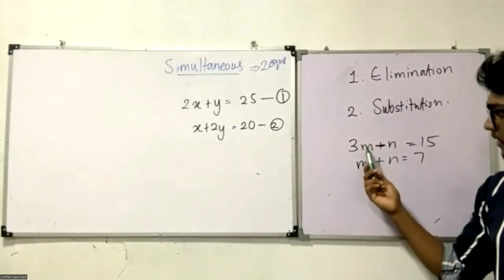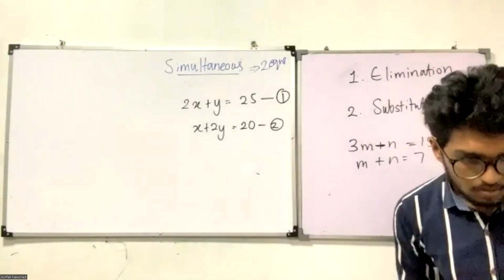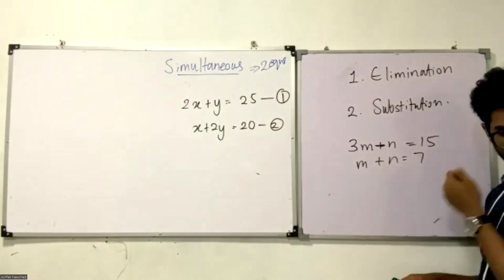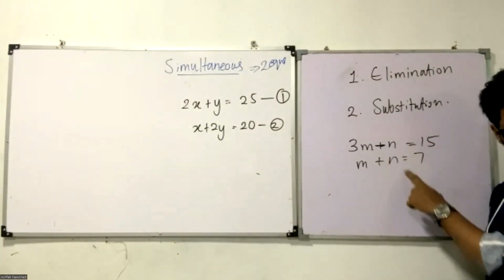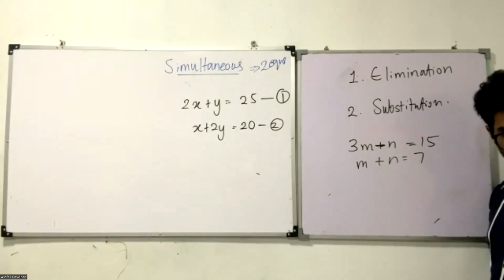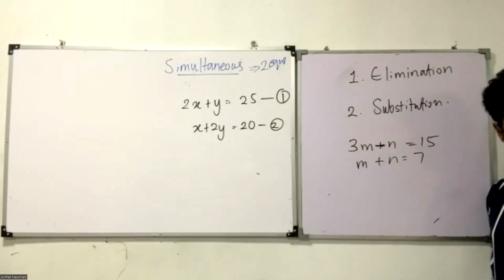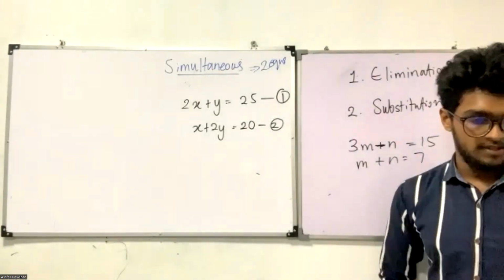Are the coefficients of m equal here? No. Are the coefficients of n equal? Yes. So you will eliminate n. It's easier to eliminate n. If the coefficients are equal, it's easier to eliminate.